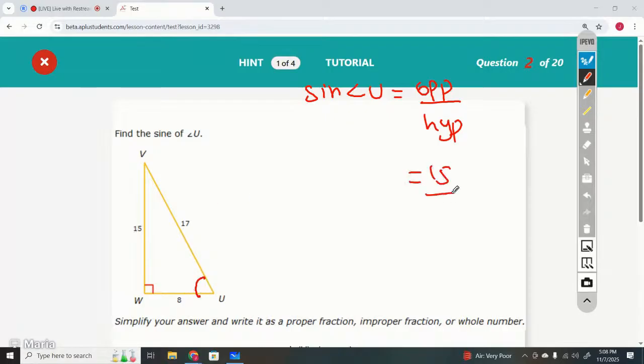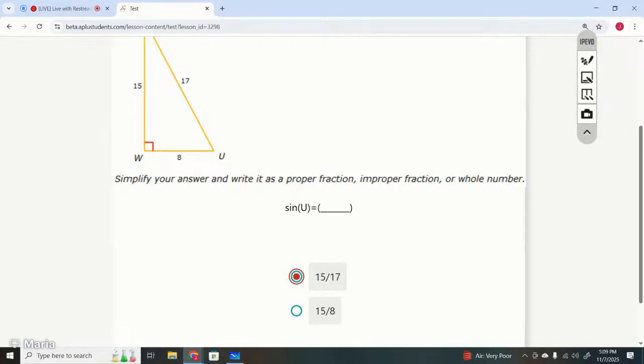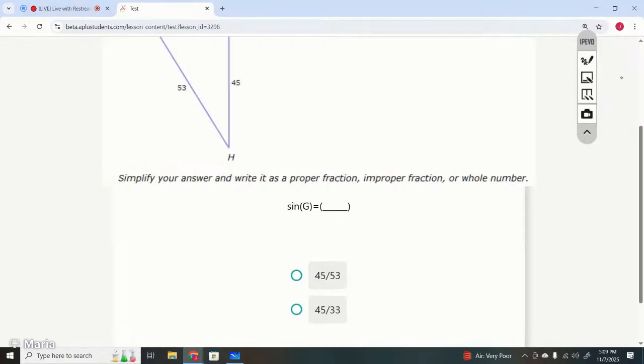That is 15 divided by 17. So sine of angle U is option number 1, the correct option, that is 15 over 17.